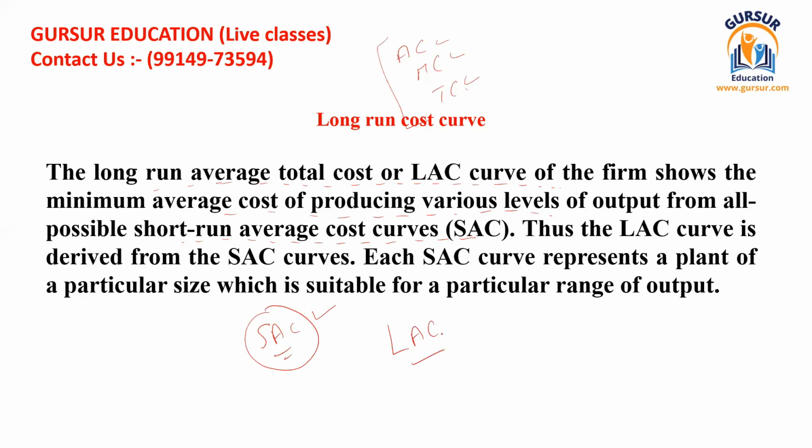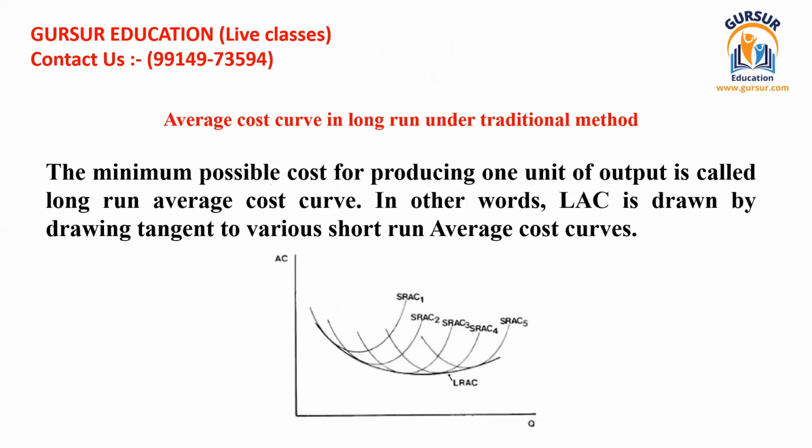So thus the LAC or the long run average cost curve is derived from SAC curves, okay. So from different curves you can find that easily. So if I just show you, you can see here clearly. So this is LRAC, okay.